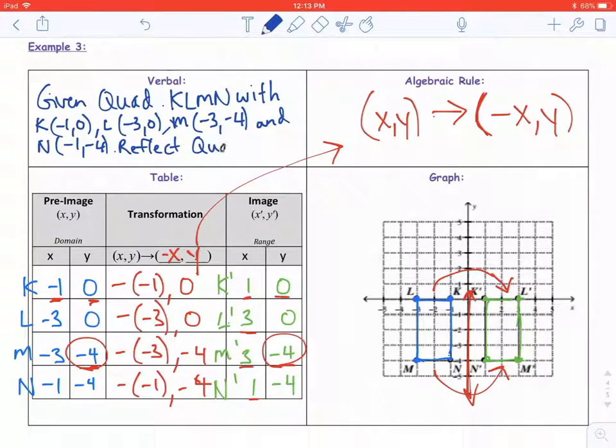Reflect quadrilateral KLMN over the y-axis is how we would write that in words.